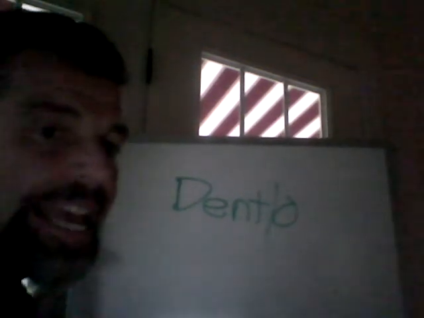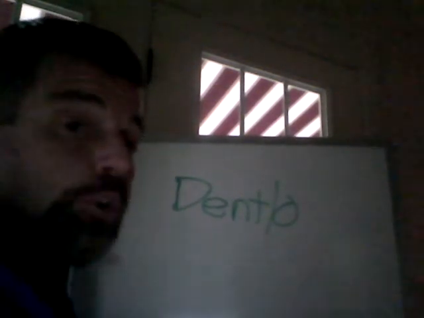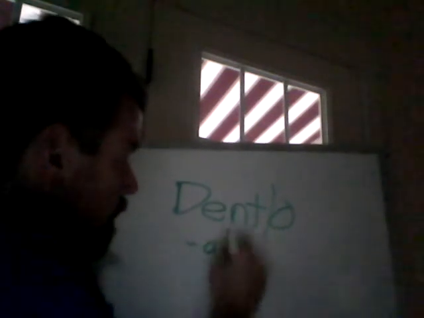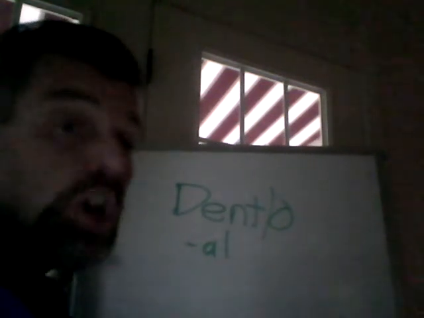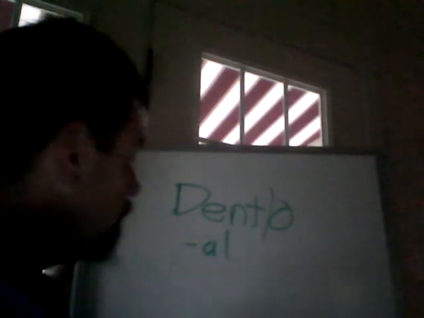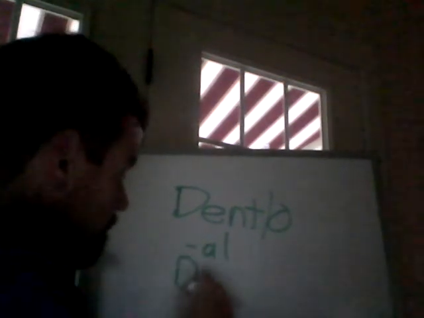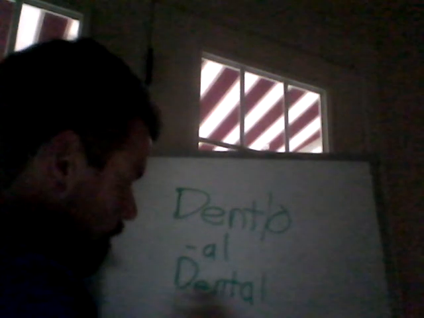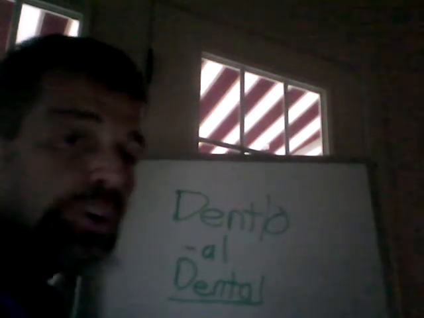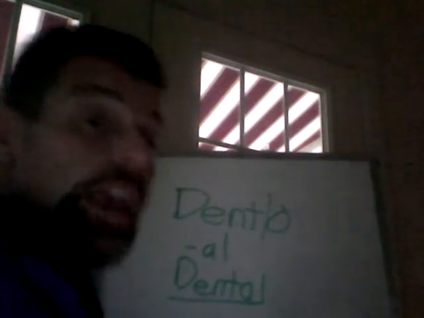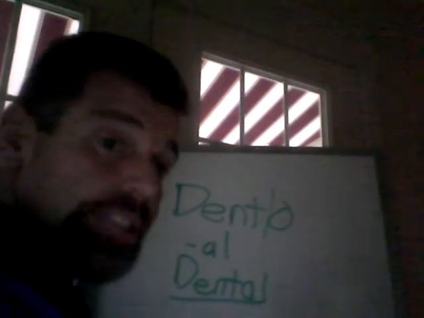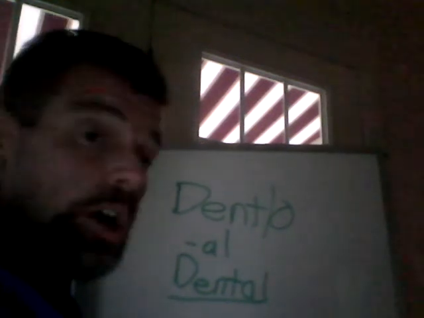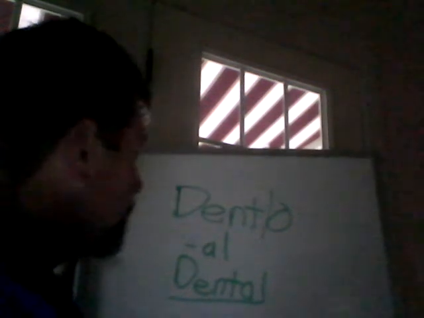D-E-N-T-O is a combining form that means tooth. A-L is a suffix which means pertaining to. So dental means pertaining to a tooth. So if you saw that term dental in a patient's record, you would know that it meant pertaining to a tooth.